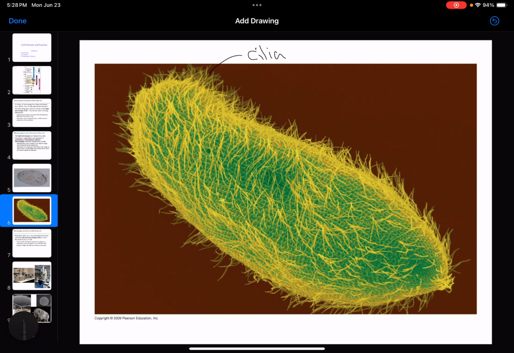We can use stains, like you're going to use in lab. We can also use fluorescence. We can use antibodies. We can get really, really crafty pulling out information about cells.